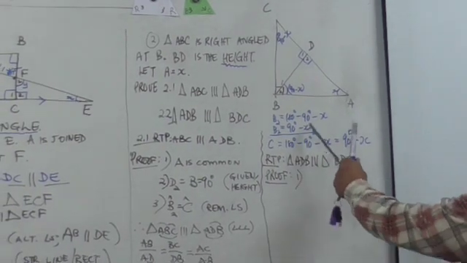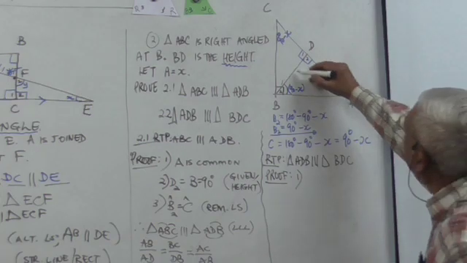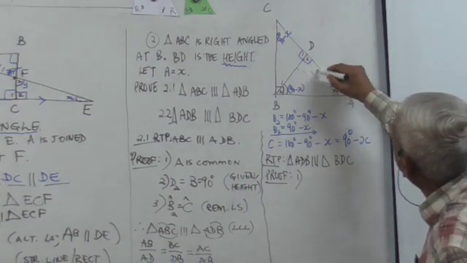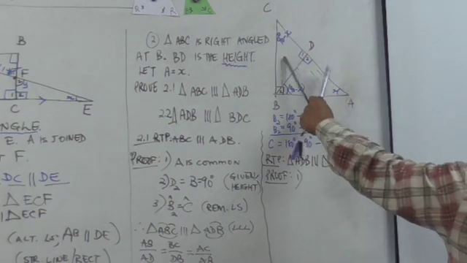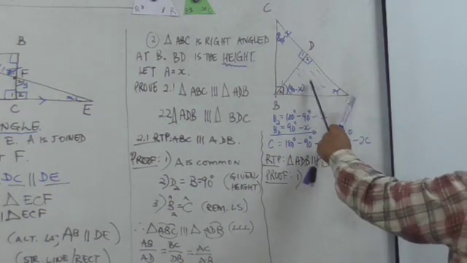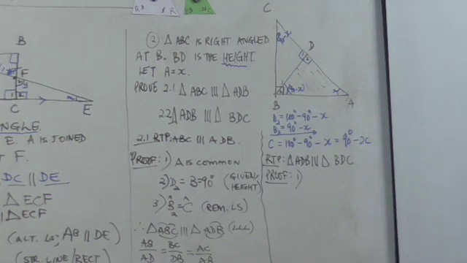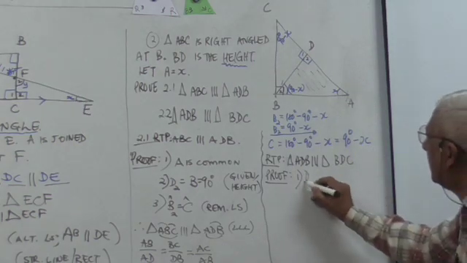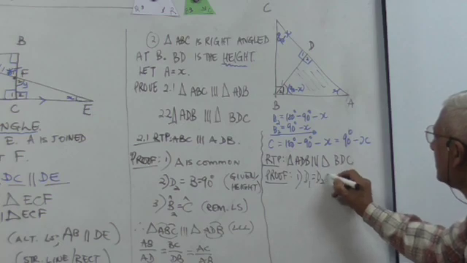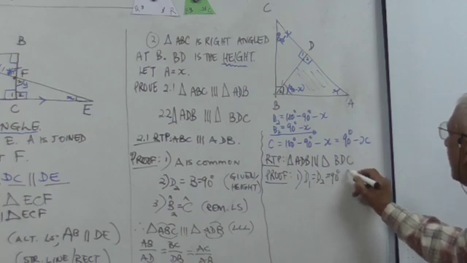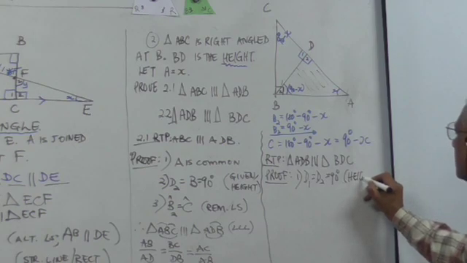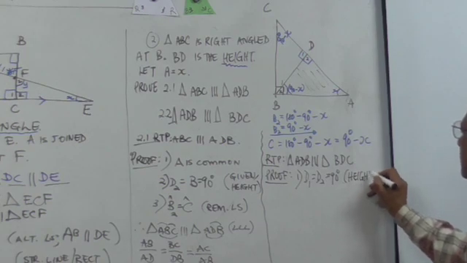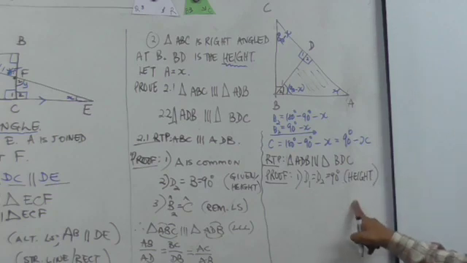ADB is this small triangle here, and it is similar to BDC, that small triangle there. So this small one and that small one must be proved. You can see clearly that D1 is equal to D2 is equal to 90 degrees. Reason: because of height. I hope this is visible.